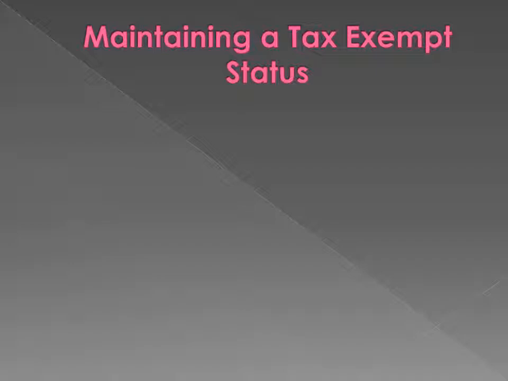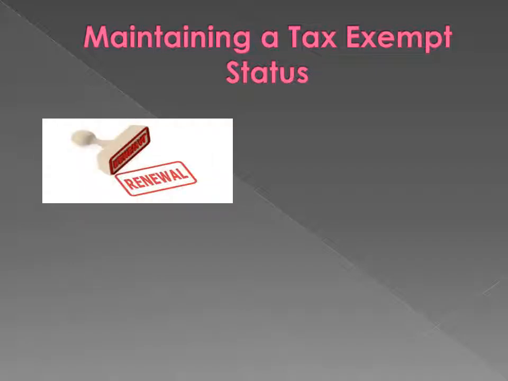The two major components of maintaining a tax-exempt status are making sure that you renew periodically, which means that you're receiving and reviewing tax forms, and that you're filing for agencies with incomes of at least $25,000 a year.